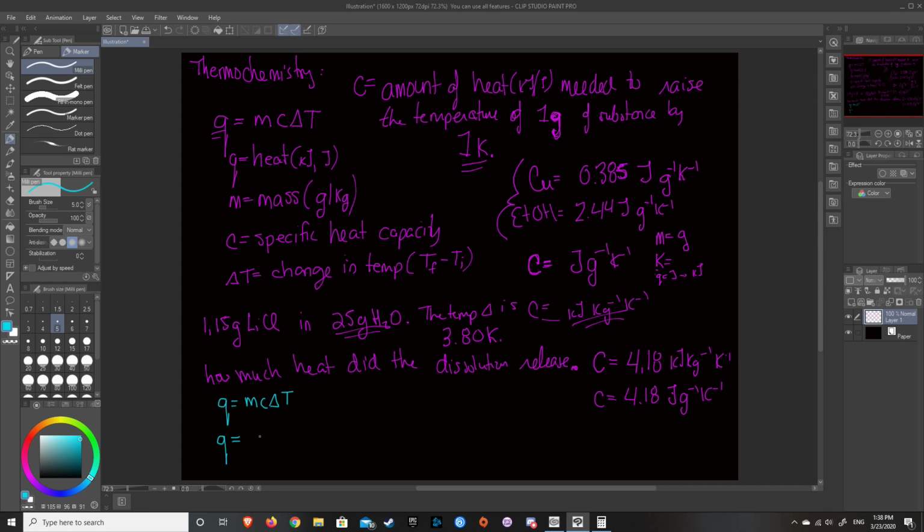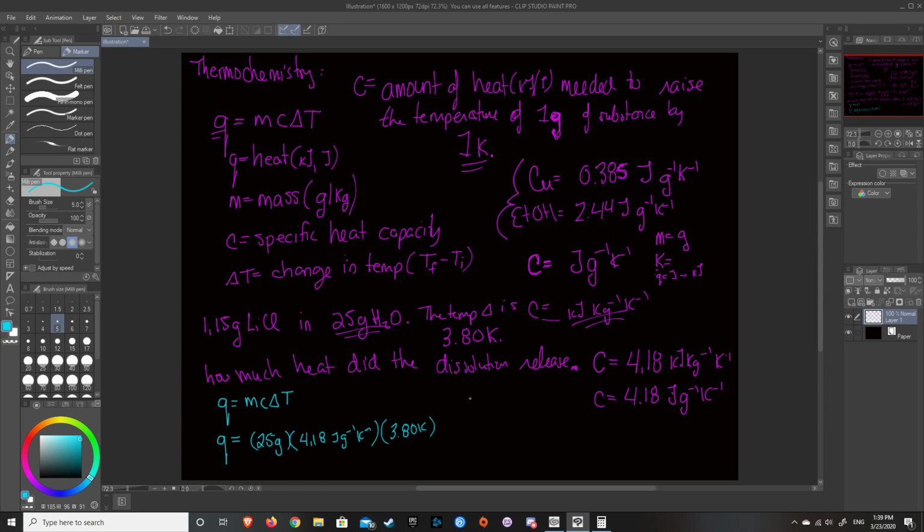So we've got m, which is 25 grams, c, which, I'm dealing with grams now, so I should use the bottom one, which is 4.18 joules per gram per Kelvin, and our change in temperature is 3.80 Kelvin. So I've kept these units here so that we can know how our final unit's going to come out.